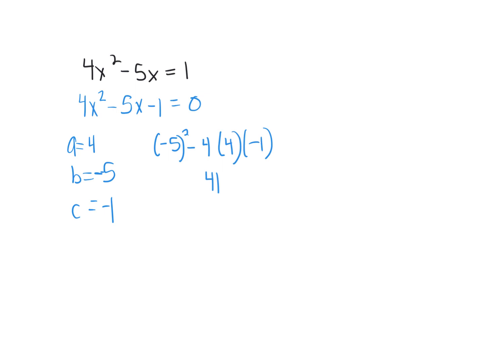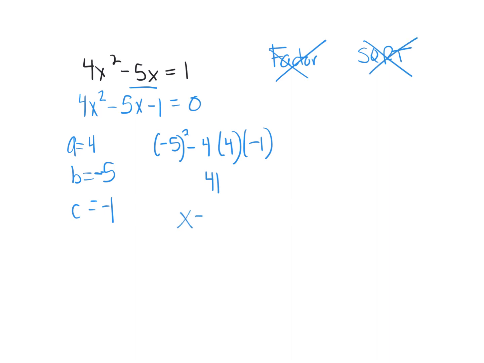The 41, since it is not a perfect square, told me that I made a good choice in going straight to the quadratic formula because this would not factor. Even if I tried trial and error, that would not work. I know that I couldn't do the square root method here because it had the middle term, the x term. This was when the quadratic formula is the only way to go.